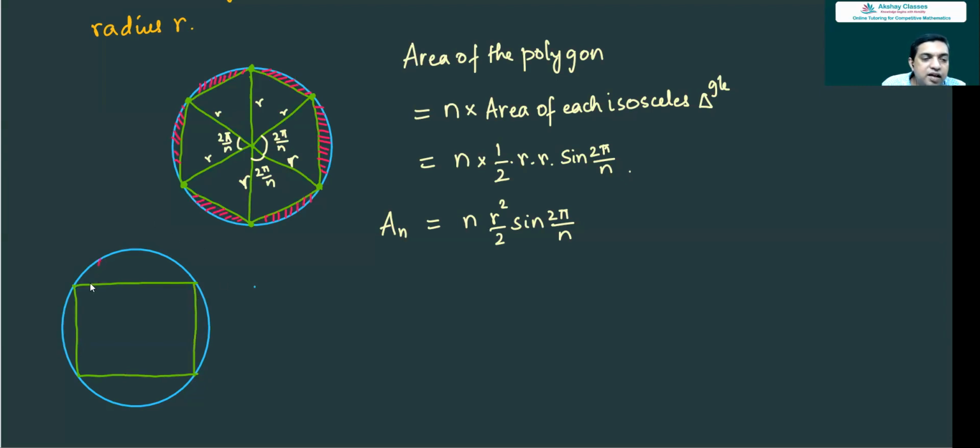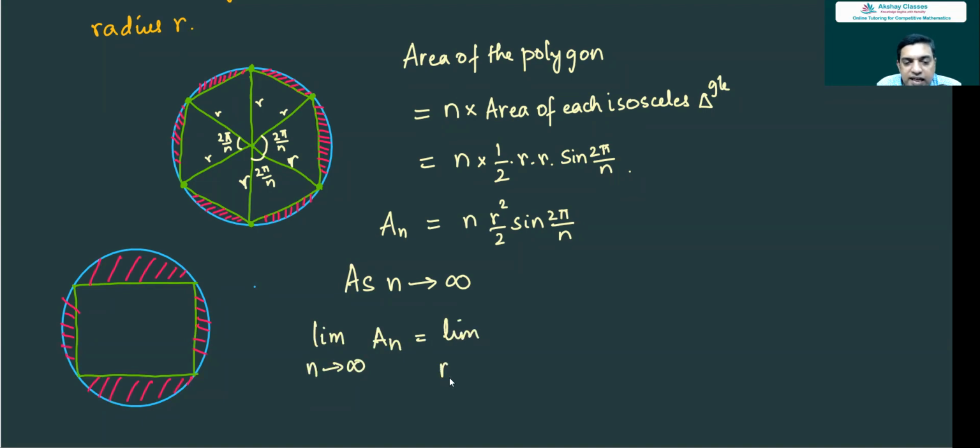Then the difference of the area is quite large. Now, as the number of sides increases, this area reduces. Now, as n tends to infinity, what happens? Let us study that.